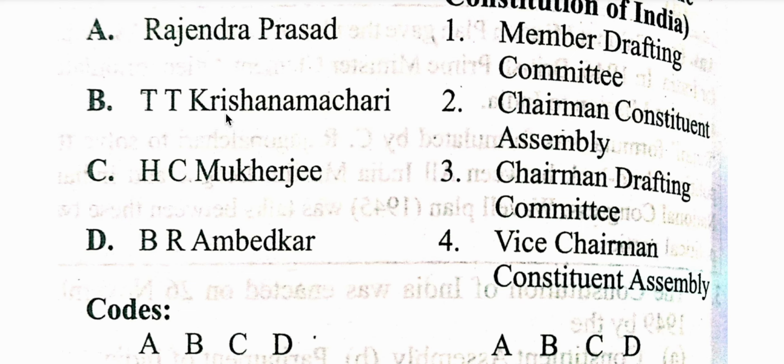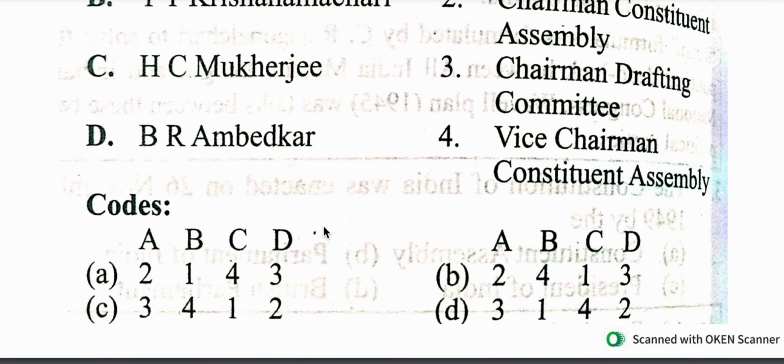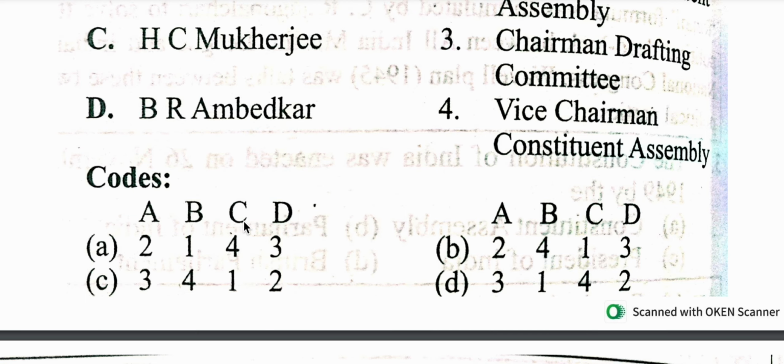T.T. Krishnamachari is the member of drafting committee. H.C. Mukherjee is the vice chairman of Constituent Assembly, and Dr. B.R. Ambedkar is the chairman of drafting committee. So it is 2, 1, 4, 3. Option A is the correct answer.